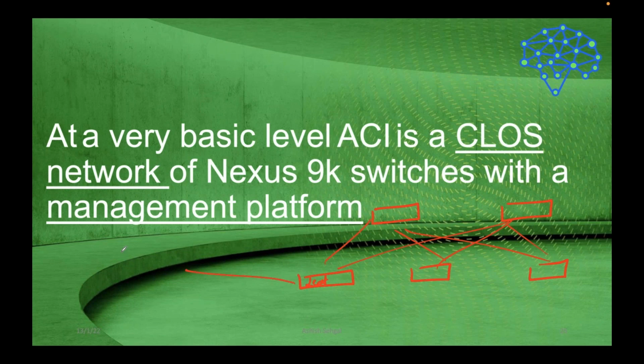This leaf switch is connected to, say, Junos or Cisco IOS, or you can say our traditional network outside ACI. In that case, we just said that this leaf switch is known as border leaf.